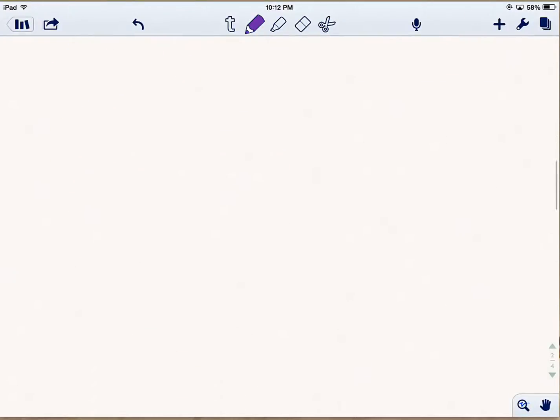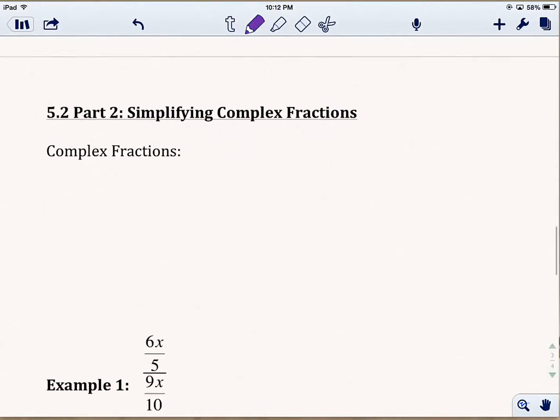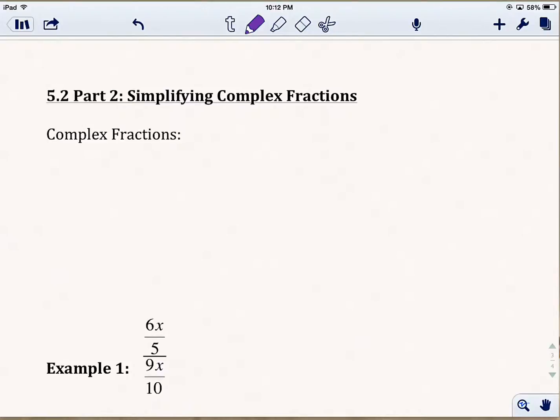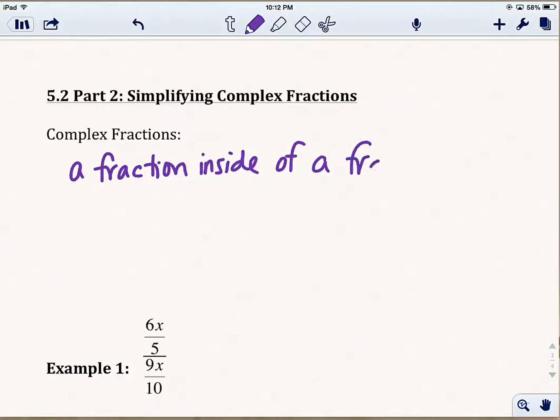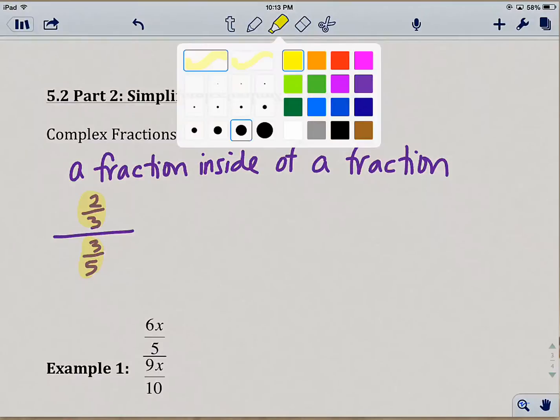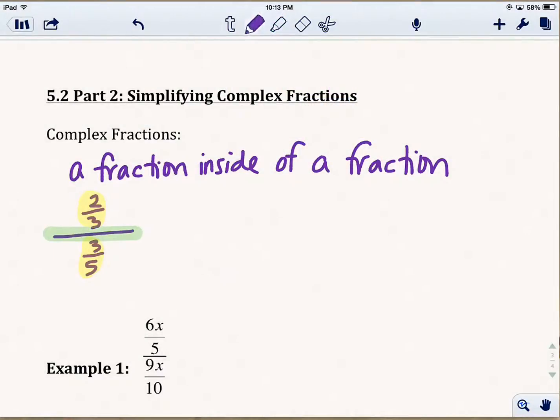Okay, we're going to move on to a little bit more complicated idea with division of fractions. We're going to simplify complex fractions. A complex fraction is a fraction inside of a fraction. Let me write that out. So if I started off with 2/3 over 3/5, this is an example of a complex fraction because we have a little fraction and a little fraction, all with this big division sign that makes a big fraction.